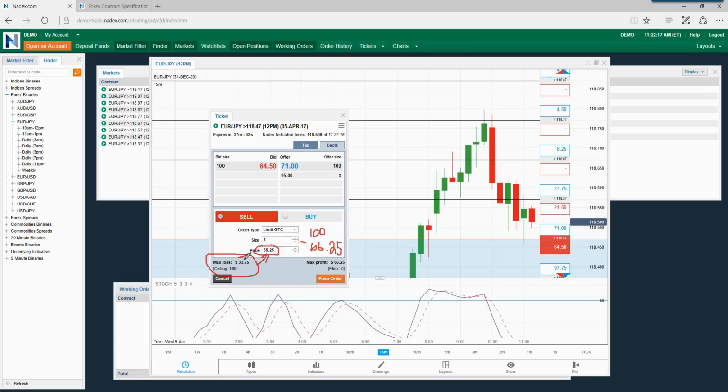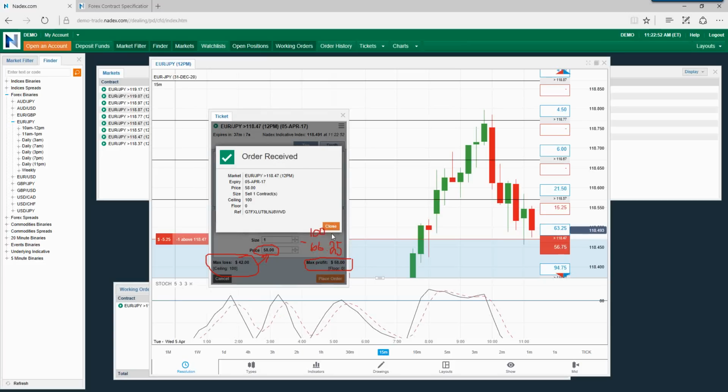Okay, so my maximum loss, if I was to enter this right now, would be $33.75. My maximum profit would be $66.25. Okay. Now I'm going to go ahead and modify it so we can get in the order so you can see how it works.